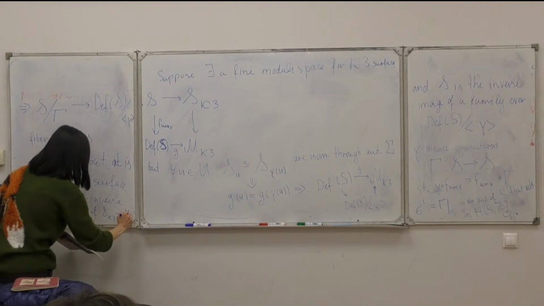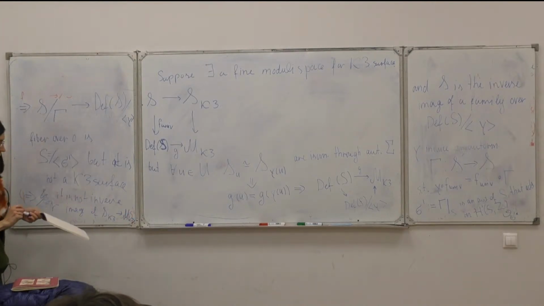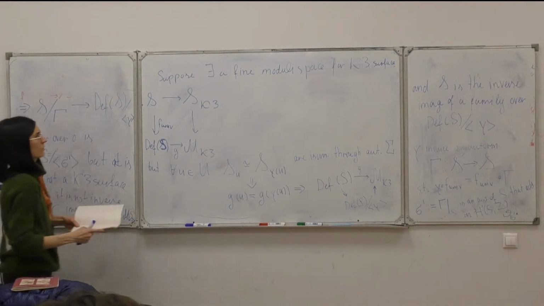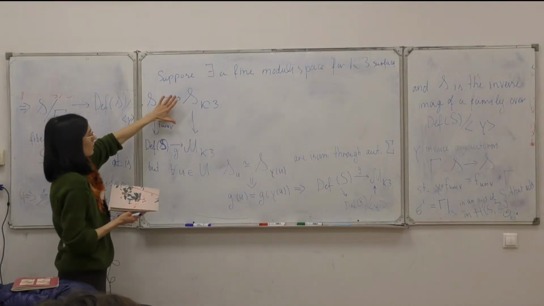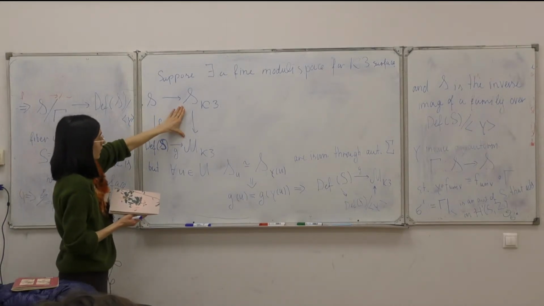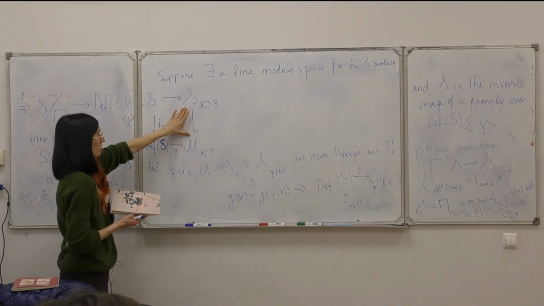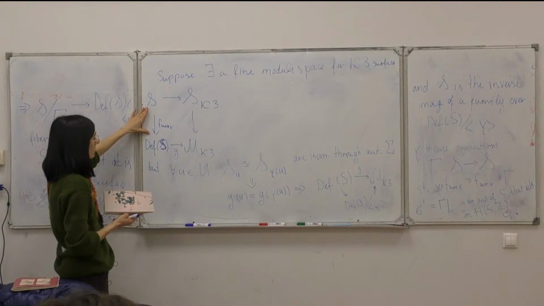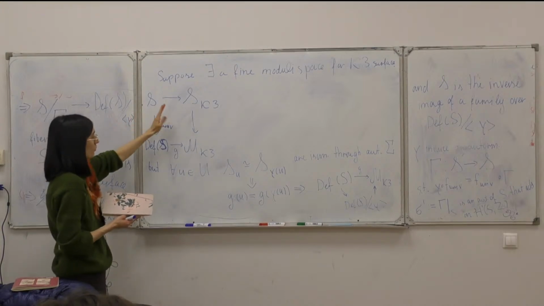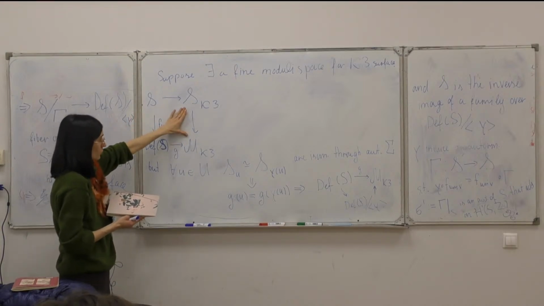Okay, so a very rough idea is that suppose we have a fine moduli space for all K3 surfaces, then all universal deformations should be a pullback from this family.